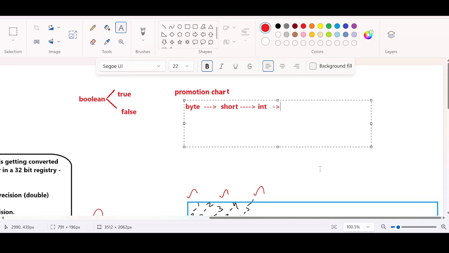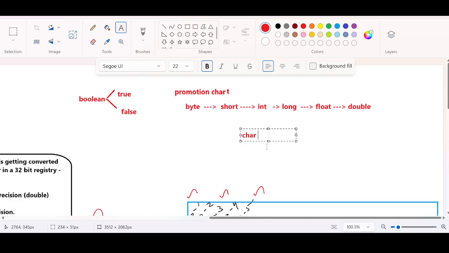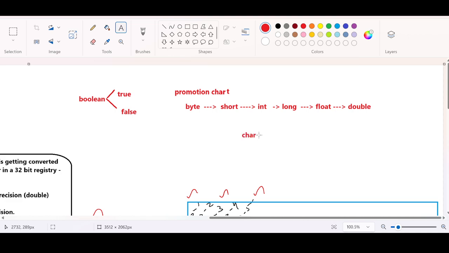The next biggest value is long, and your next biggest value is float, and your next biggest value is double. And you have character, char, somewhere here. Okay, this is the ideal promotion chart.